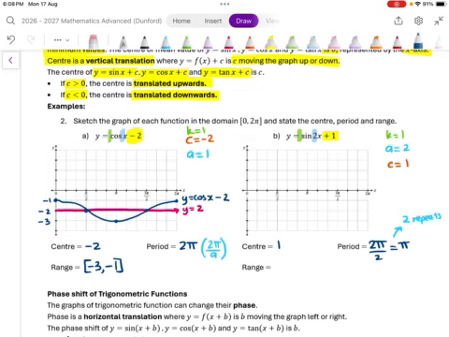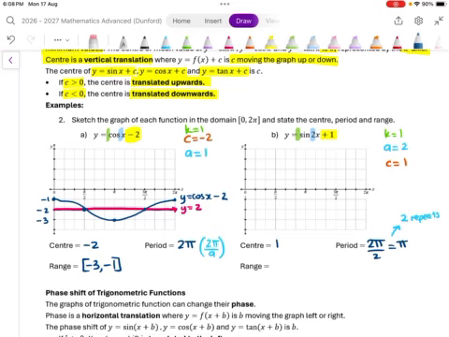Now back to part b. We're going to put 1 here, 2 here, 0 here, obviously. Our center is at 1.